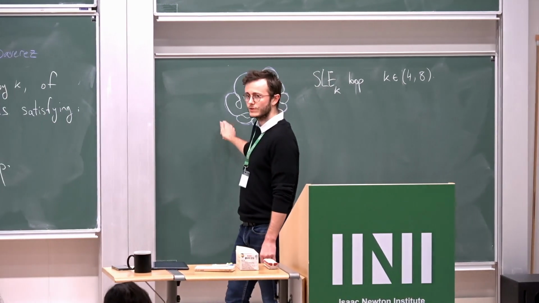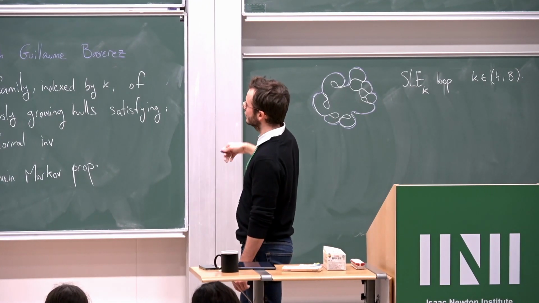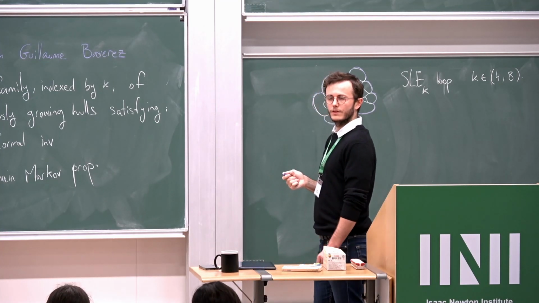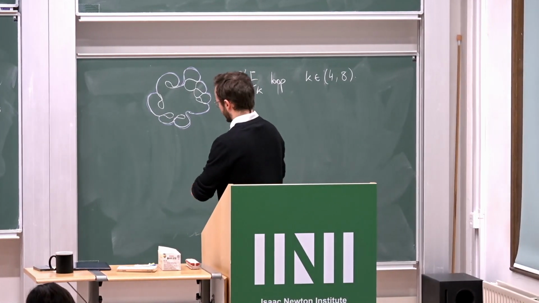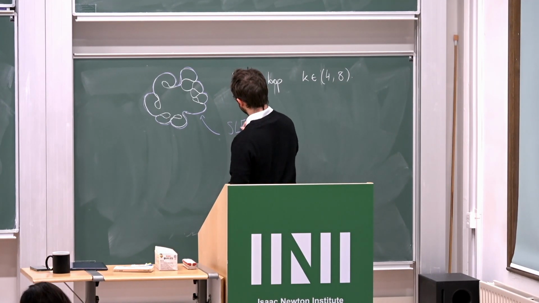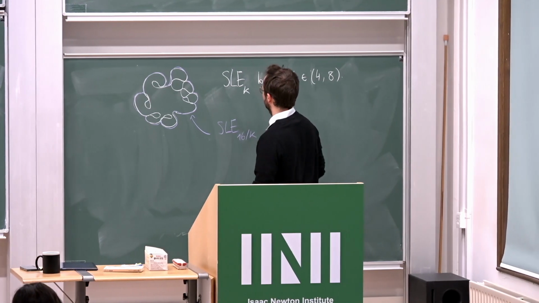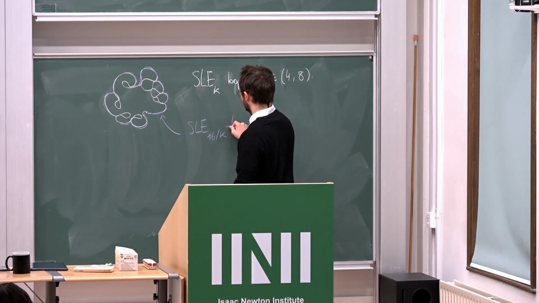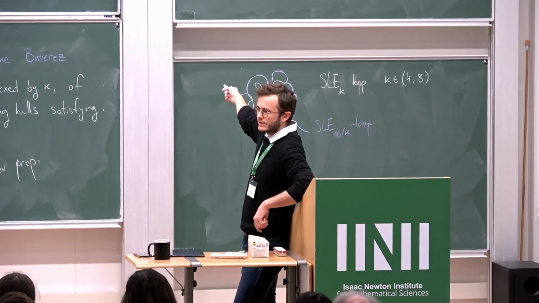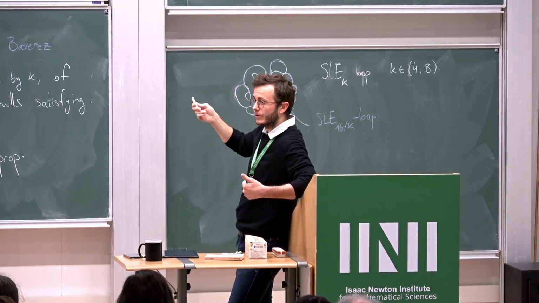But now my outer boundary is a simple curve, and so I have a measure on simple curves that satisfy the same restriction property. Here it's important that Cm is invariant under kappa goes to 16 over kappa. What this means is that this guy has to be SLE for kappa prime equal 16 over kappa.